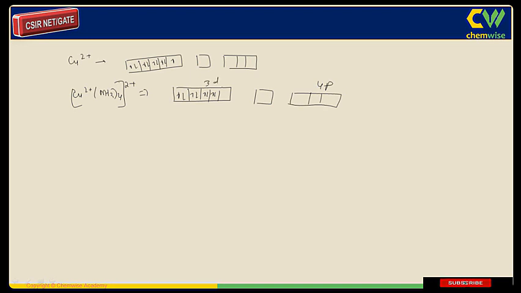So it is 3d, 4s, 4p. Now here one amine, here another amine, here another amine, here another. So here also n equal to 1, and with four amines, it is dsp2. So this is square planar. This is a very good explanation that it is square planar.